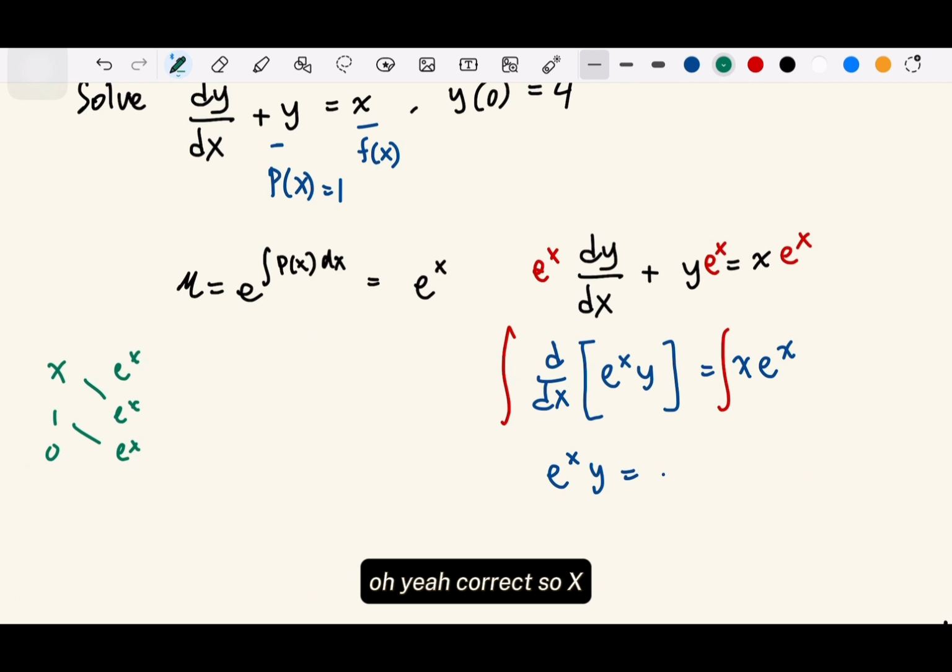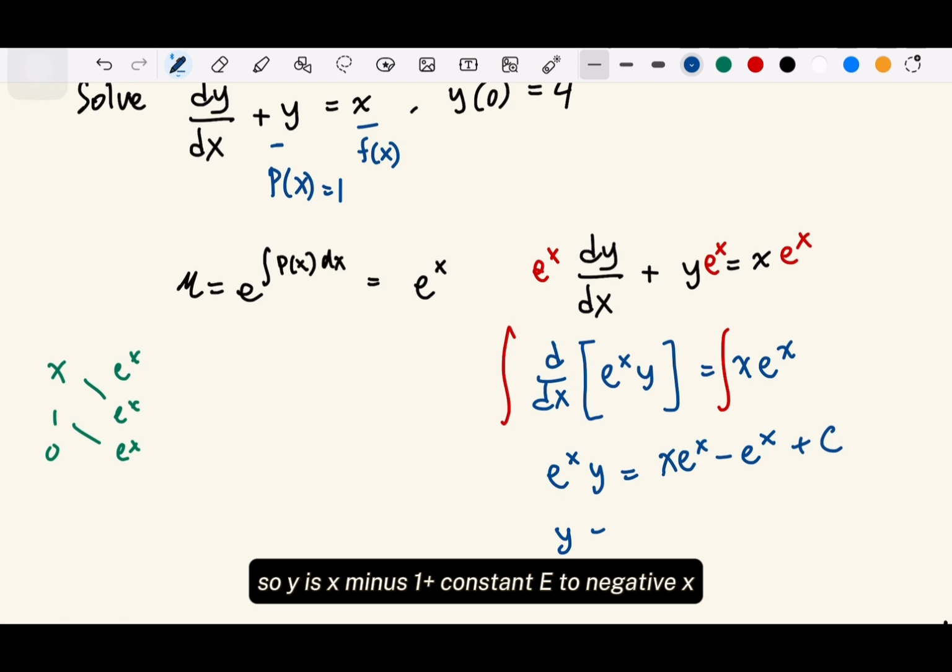Oh yeah, correct. So x, and then plus constant. So y is x minus 1 plus constant times e to the negative x.